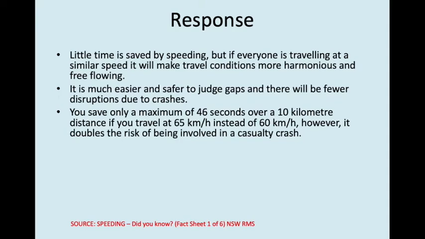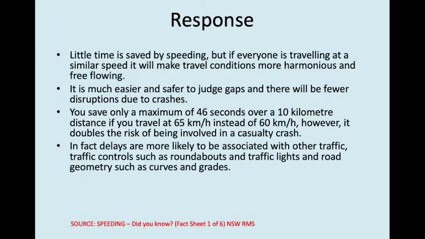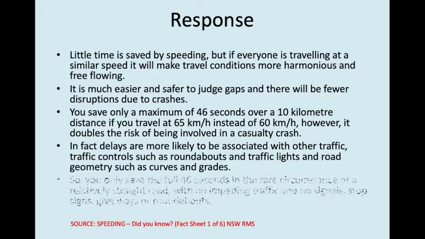You save only a maximum of 46 seconds over a 10-kilometre distance if you travel at 65 kilometres an hour instead of 60. However, it doubles the risk of being involved in a casualty crash. In fact, delays are more likely to be associated with other traffic control such as roundabouts and traffic lights, and road geometry such as curves and grades.